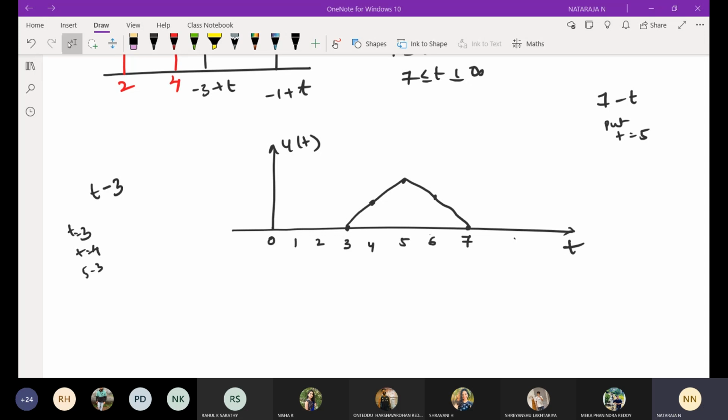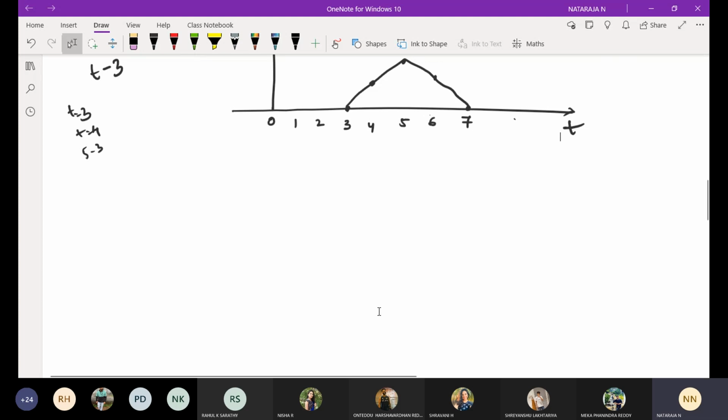Now I will give one homework problem that is similar to this problem, but the amplitude will be different. One will be 2 volts and another one will be 1 volt. Try that problem. Ninth problem.